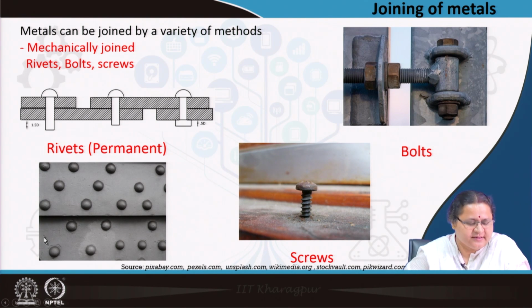This picture is of a rivet, which is a permanent joint. See the cross section here, where the shank, the pin, passes through the two metals, and on the other side it is hammered and becomes flat. It is completely sealed, you cannot open it.